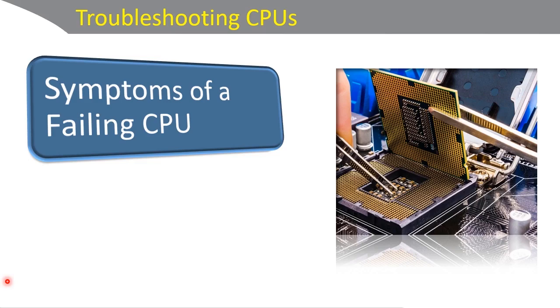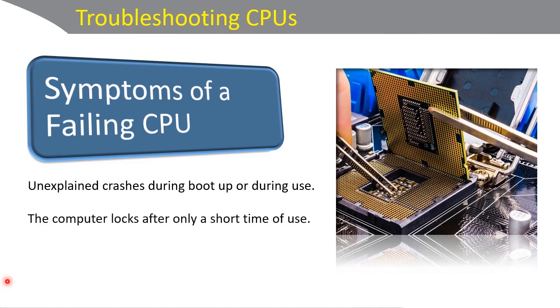Here are some of the possible symptoms of a failing CPU. First, unexplained crashes during boot up or during use. Now, that could be a virus as well, but that's more the software side of things. Also, the computer locks after only a short period of use.